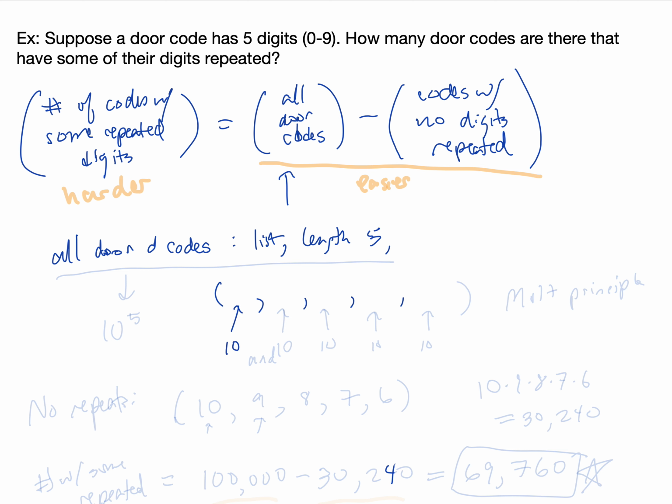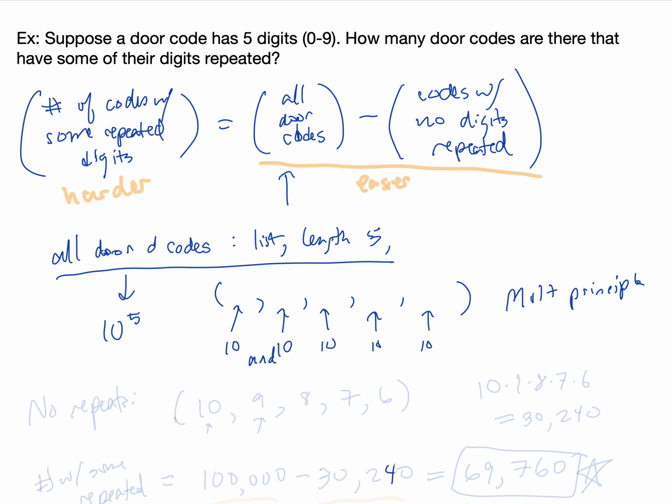We have 10 choices for the first digit, and 10 choices for the second, and 10 for the third, and 10 for the fourth, and 10 for the fifth. Because these are all ands, we're using the multiplication principle. The number of possible door codes with no restrictions is 10 to the fifth. That's the total number of door codes.